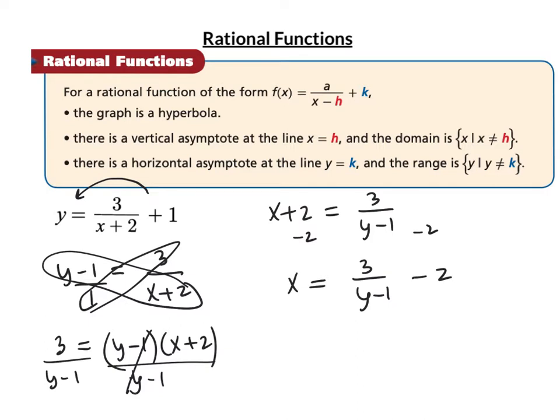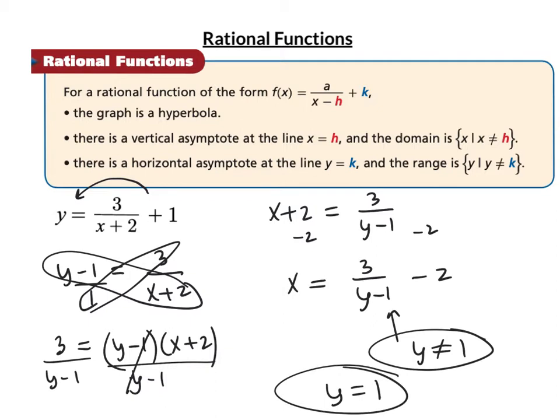Now you might be thinking at this point, why did you solve for x? Because you can see y can't be, in this case, 1. Y could never be 1, because if you plug in 1, 1 minus 1 would be 0. Y could never be 1, which is why we have an asymptote at y equals 1.